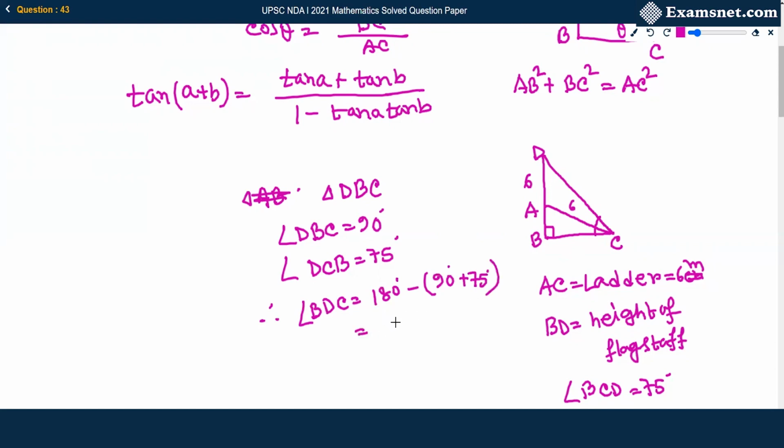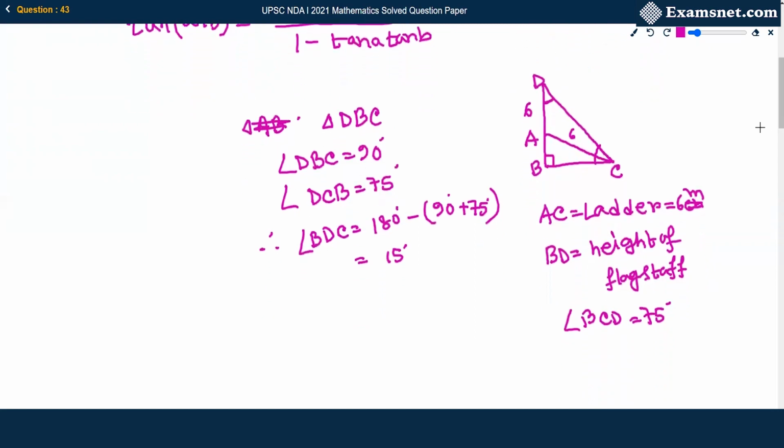So it will give us the value which is 15 degree, correct? Now, since AD equals AC equals 6 meter, if we consider the triangle ACD, ACD is an isosceles triangle.